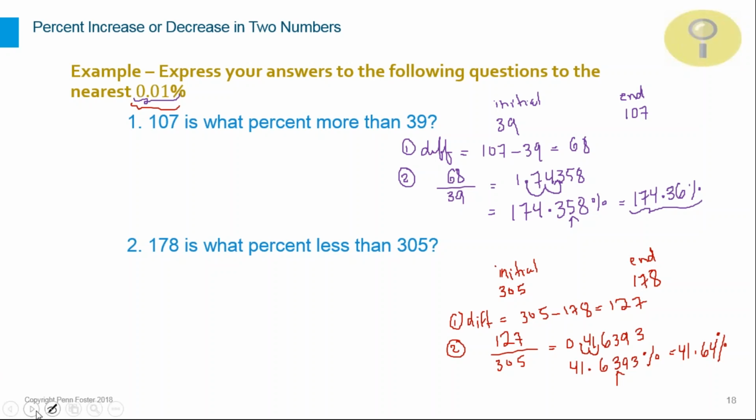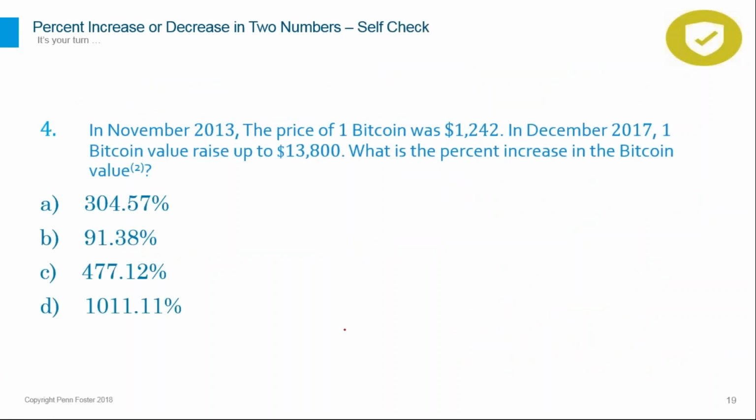Okay, let's look at a question. In November 2013, the price of one Bitcoin. Bitcoin, by the way, is a fairly new international currency that people now buy, and its value increases every year, so then they can sell it later on and make a profit of the difference.